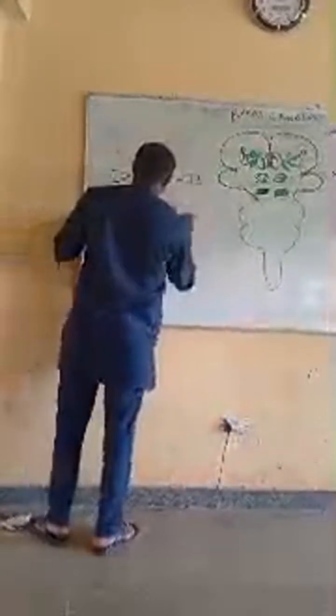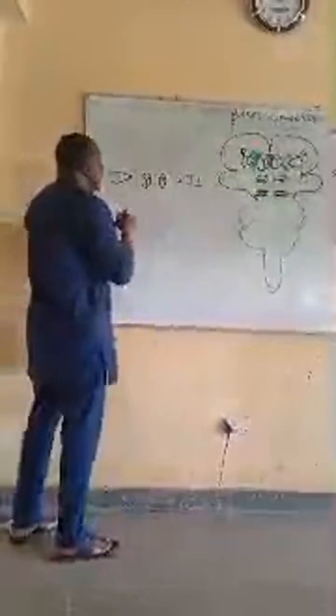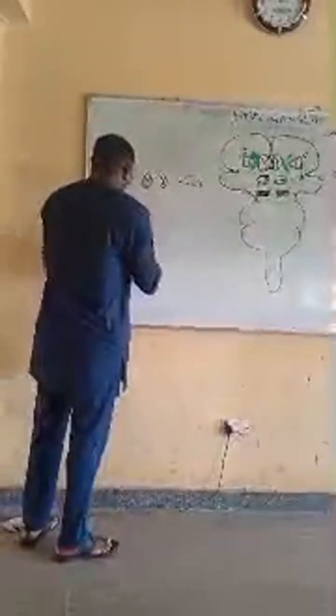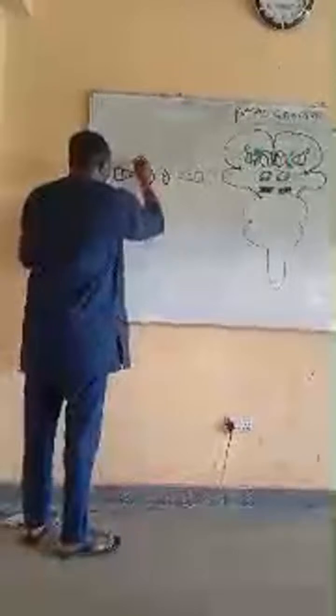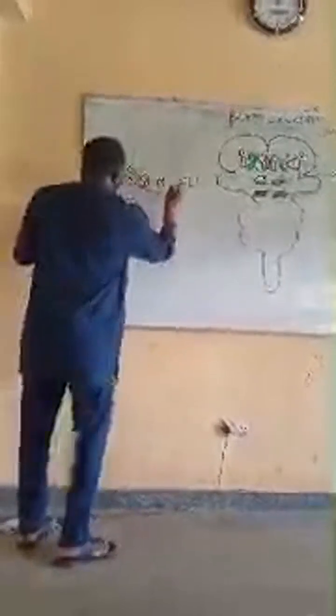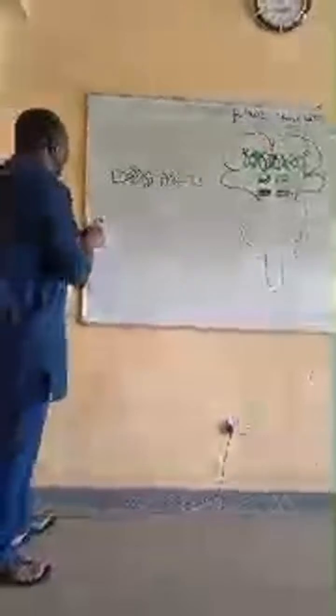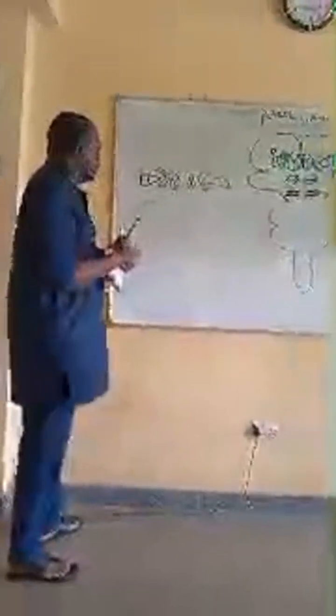Lentiform nucleus. Are you there? In between the lentiform nucleus, you have what? The internal capsule. Right? You have the internal capsule that is bilaterally located.